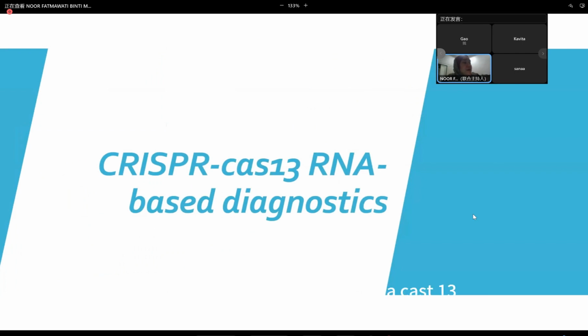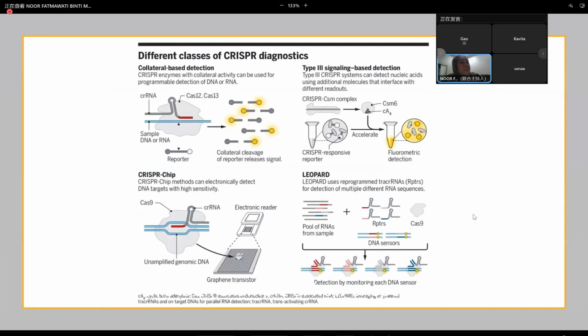And then this is for the use of RNA Cas13 CRISPR-based diagnostics. So this is an example of how CRISPR-Cas13 is being used for diagnostics. I think the example here is for what? No?